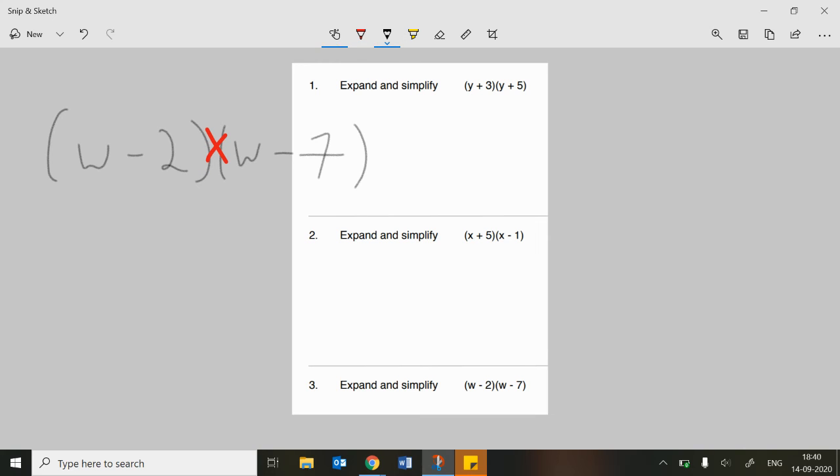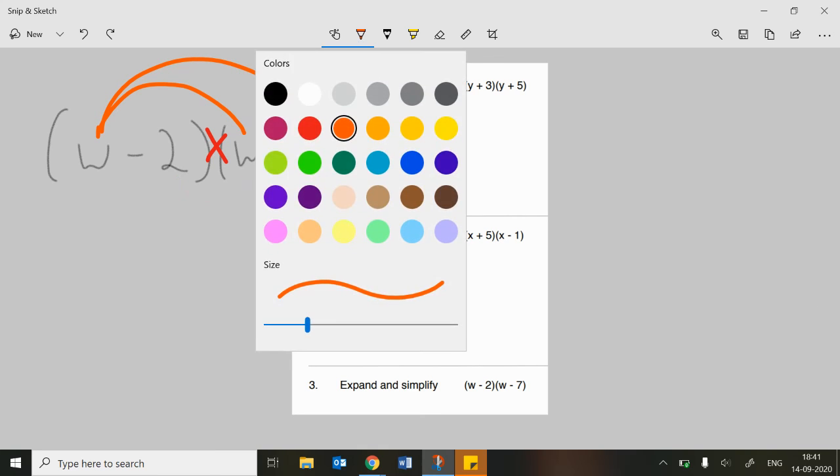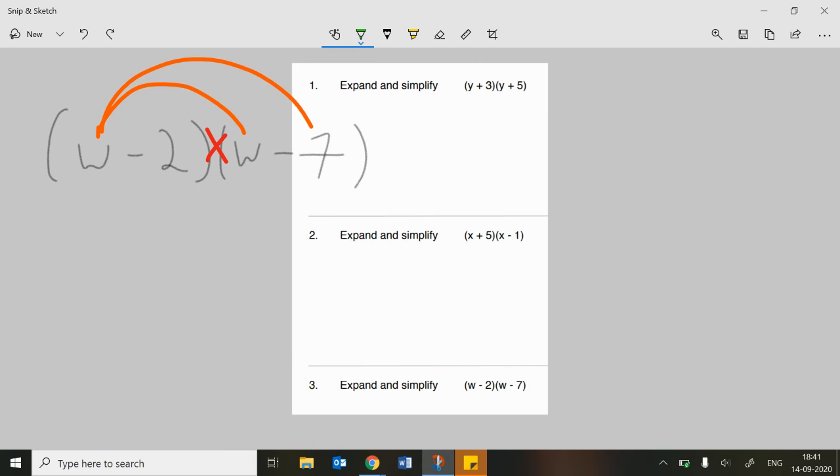So we're going to do, let's just do some colors again. Let's do this times this, and this times this. Change color for that. Let's change to green. So we do this times this, and then this times this. Okay, so w times w, the first of the orange ones, is going to give us w squared.